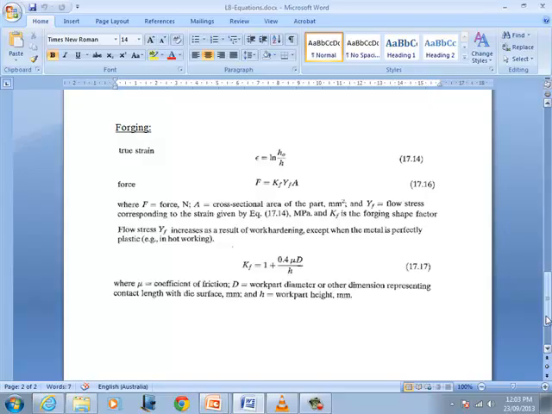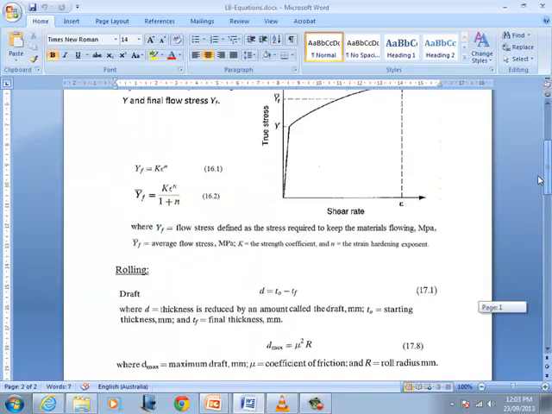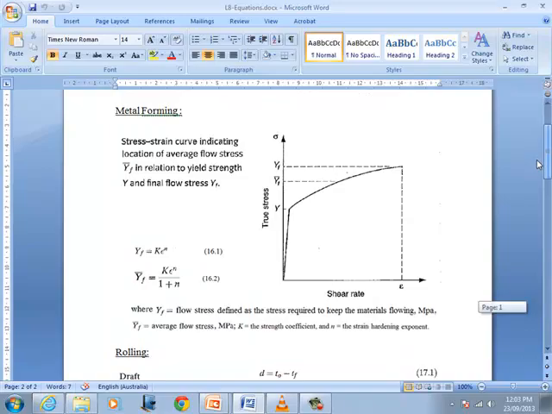And then YF. How do we compute YF? The equation that I did show you just a minute ago. YF is equal to K times epsilon raised to the power of n. That top equation, equation 16.1, can be used in order to compute YF.